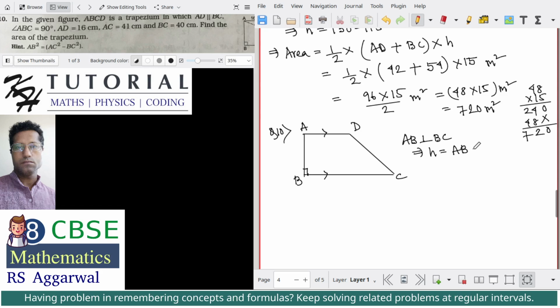AB is the height, and AD is given as this side, 16 centimeter. One diagonal AC is given as 41 centimeter.